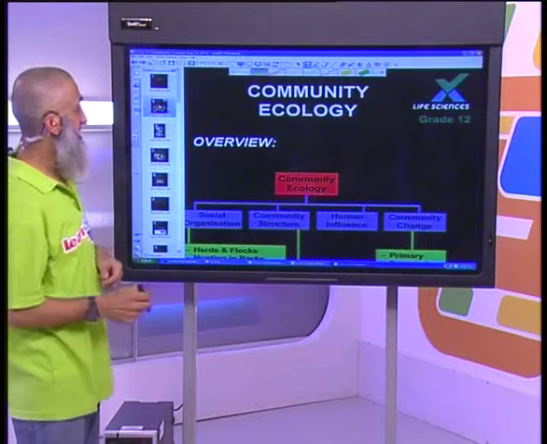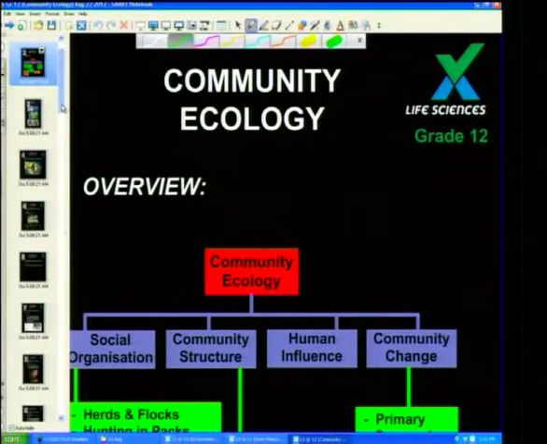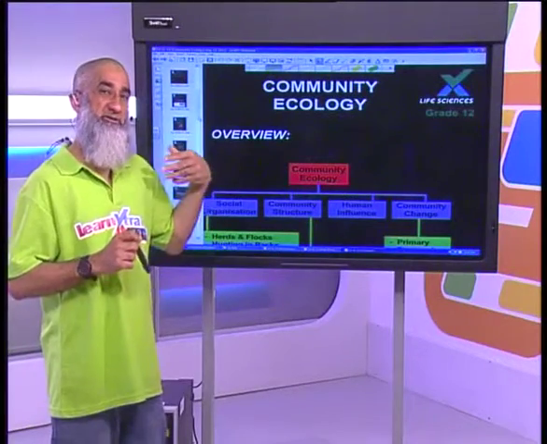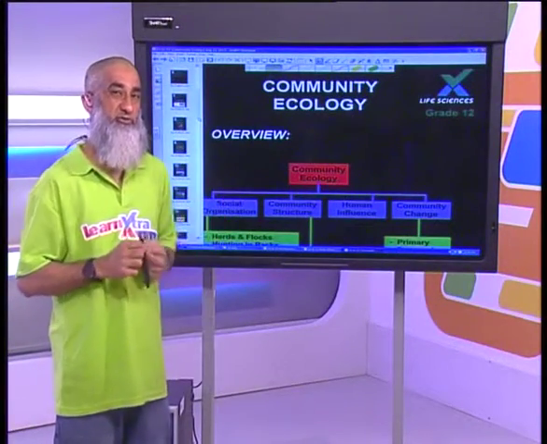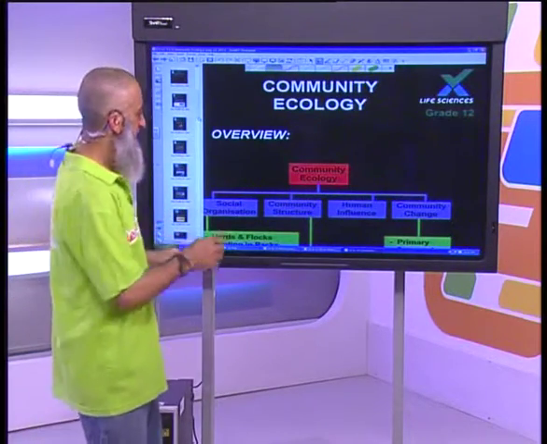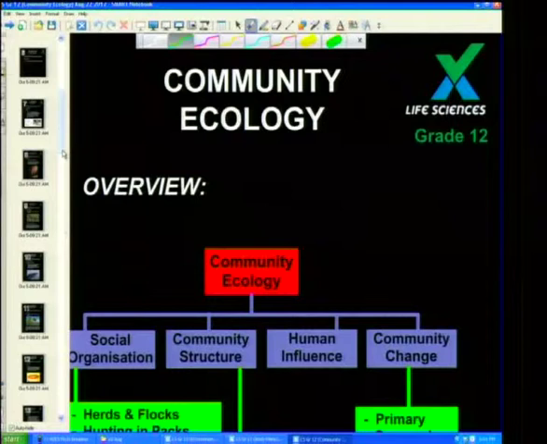Just to give you a quick overview of what we are looking at, if you look at the screen there, we're looking at community ecology. Now, what was important today, my very good friend Hamida Musa, we were sitting together, and as I was sending one last slide through for the show, she told me that learners always make a mistake in terms of confusing these 4 headings.